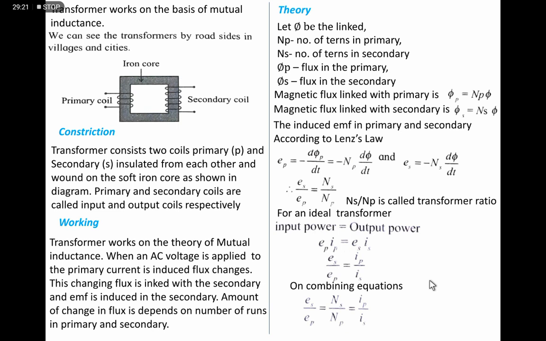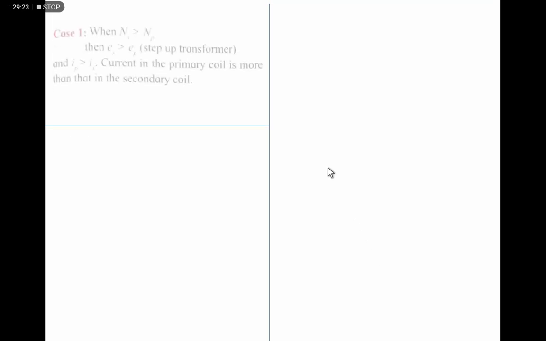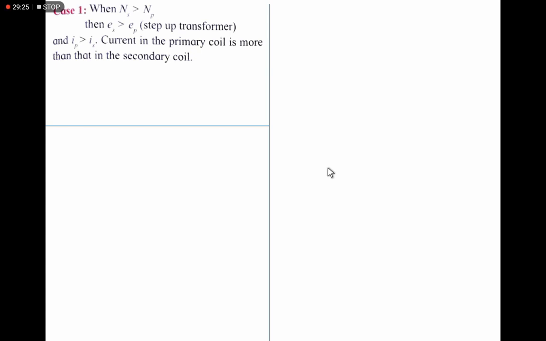Now the next part is case 1, step up transformer and step down transformer. When number of turns in secondary is more than the number of turns in the primary, definitely the EMF will be more in secondary. So EMF of secondary is greater than the EMF in primary.